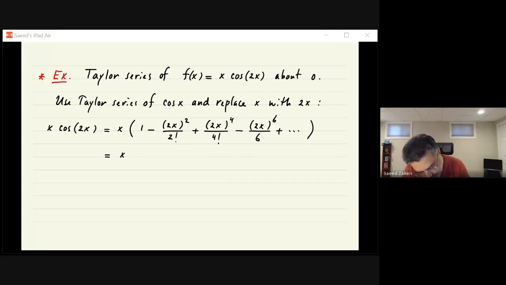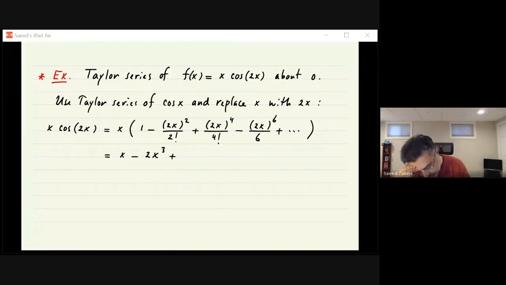Which I can write as x times that. So I'm going to take this x and distribute it inside. So that's going to be x minus, this guy is 4x squared divided by 2, so it's 2x squared, so it's going to be 2x cubed, plus, this is going to be 2 to the 4th is 16. On the bottom, I have 24.